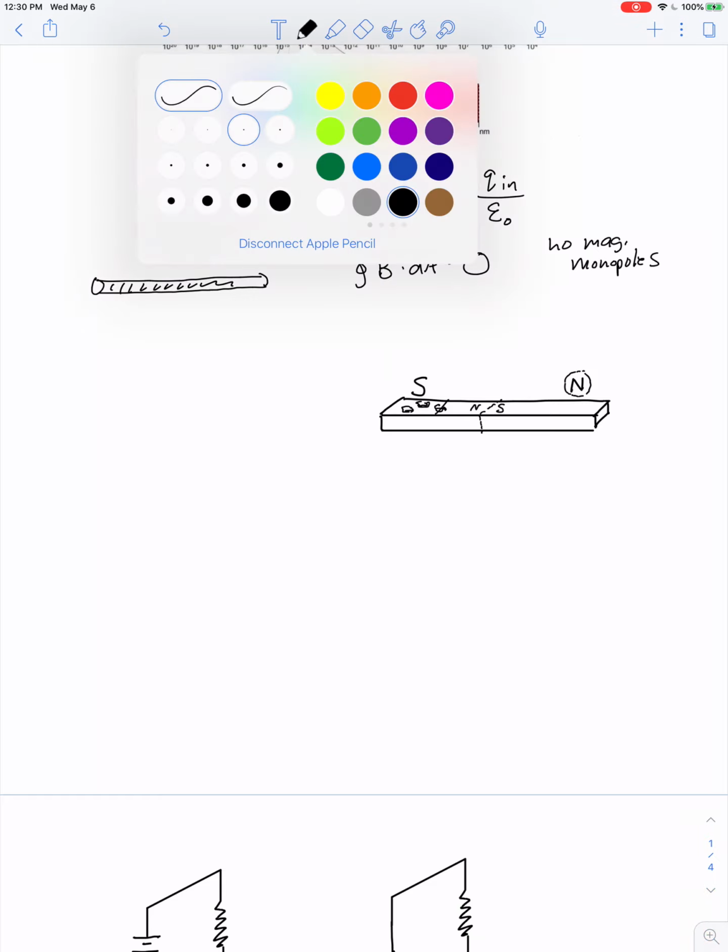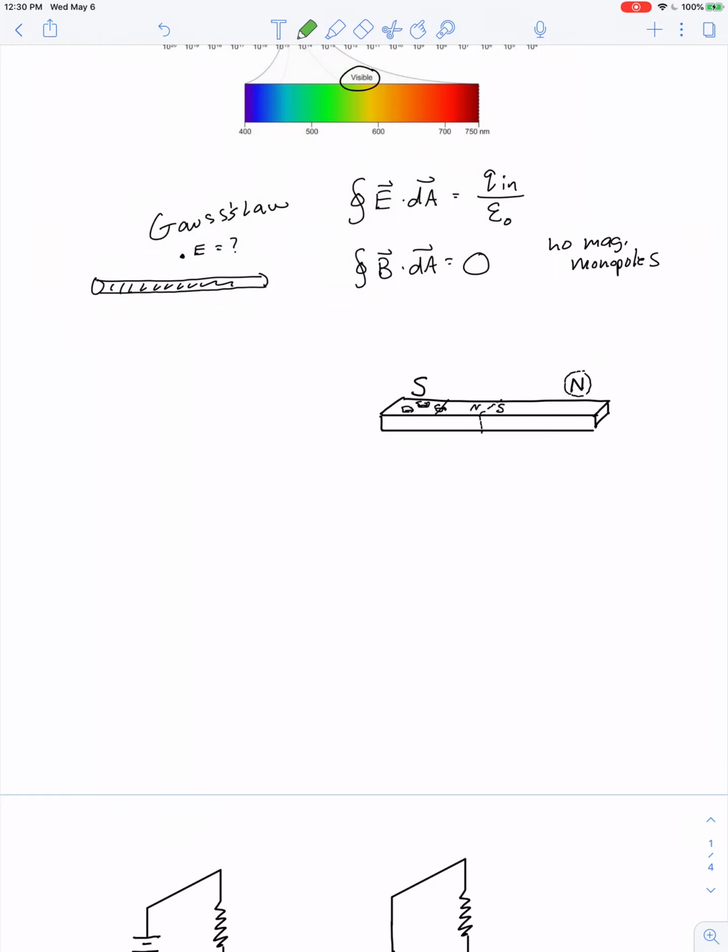So let's try to apply Gauss's law here. What if we made a closed surface that only enclosed the north pole of this magnet? Would there be a net flux that's non-zero? Let's draw some magnetic field lines. Well, a magnetic field line is going to come out of the north pole, then it's going to puncture or penetrate this Gaussian surface and travel onward.